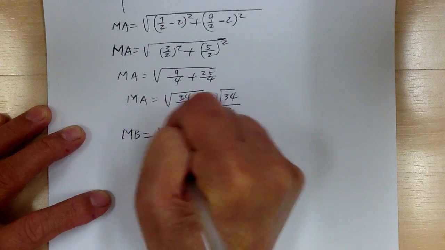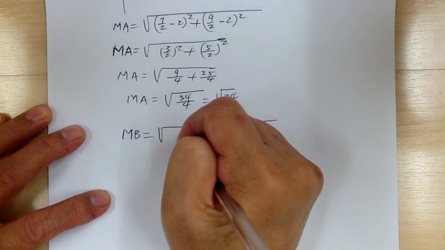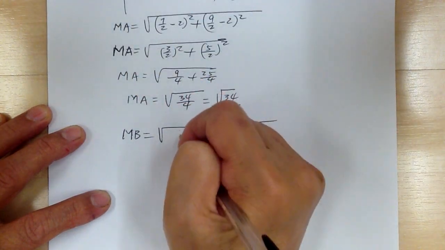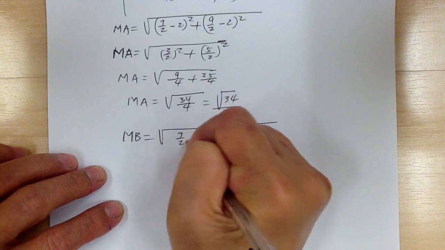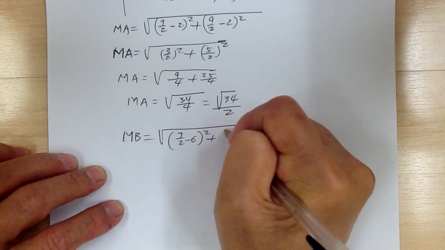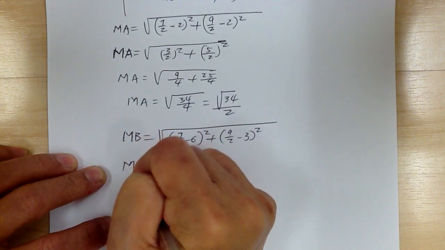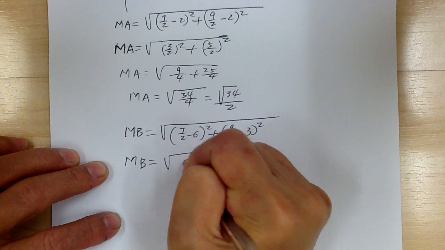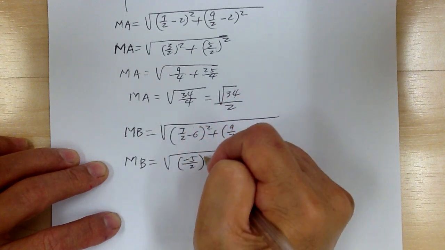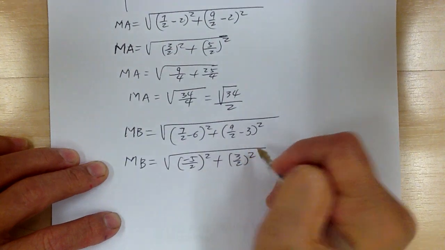The distance of MB, from M to B. I'm going to use this minus that. It doesn't matter which way you subtract. So 7 over 2 minus 6 squared plus 9 over 2 minus 3 squared. So MB is equal to the square root of negative 5 over 2 squared plus 3 over 2 squared.